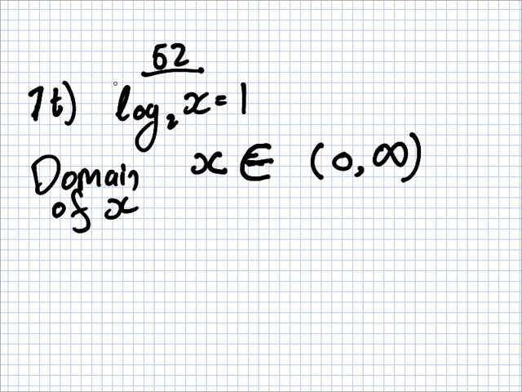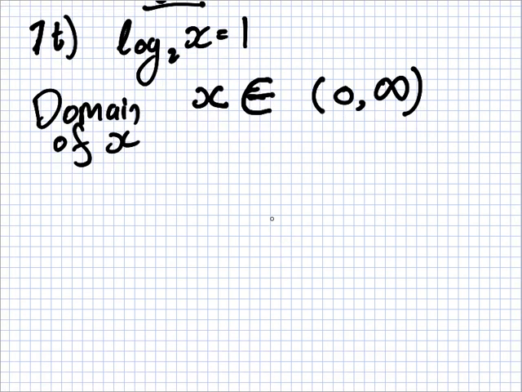Right, okay. Can we go on to number 2? Let's do 2t as well. 6 power x equals 3. There are 2 ways to do this. It depends on your calculator.